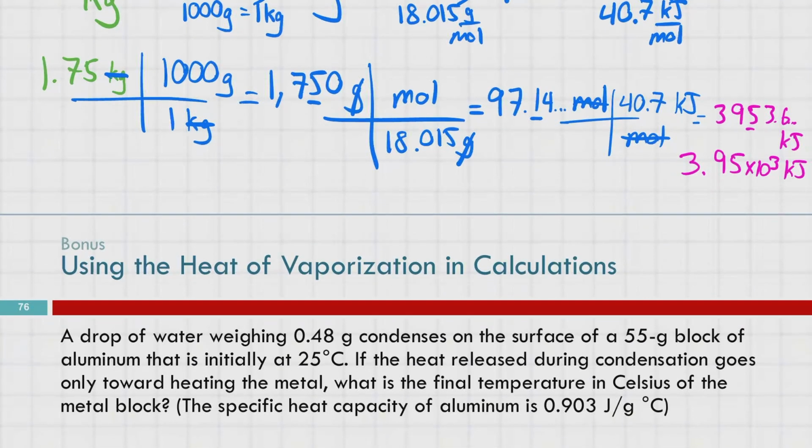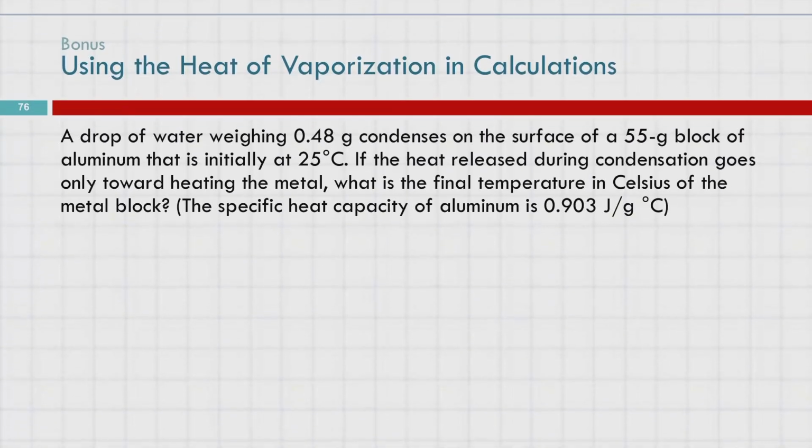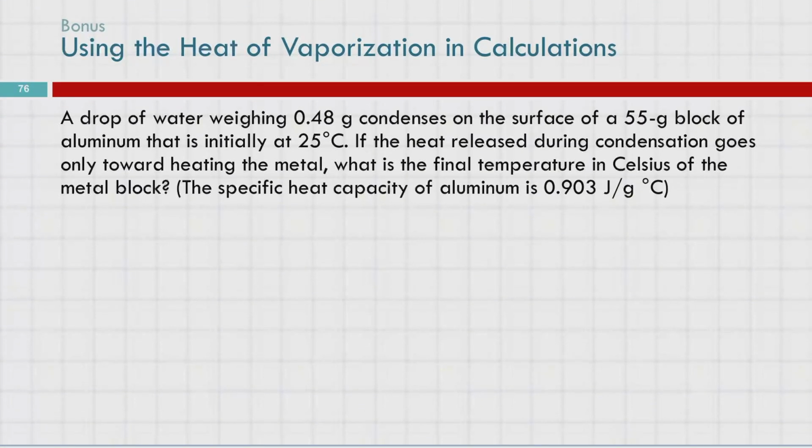All right. A little bit of a bonus question. A drop of water with that mass condenses on the surface of a 55-gram block of aluminum that is initially at 25 degrees Celsius.